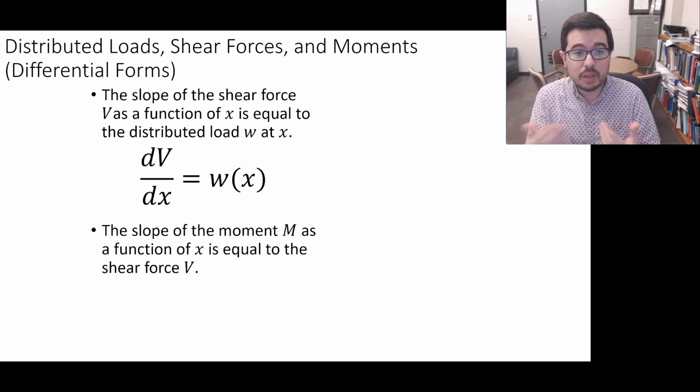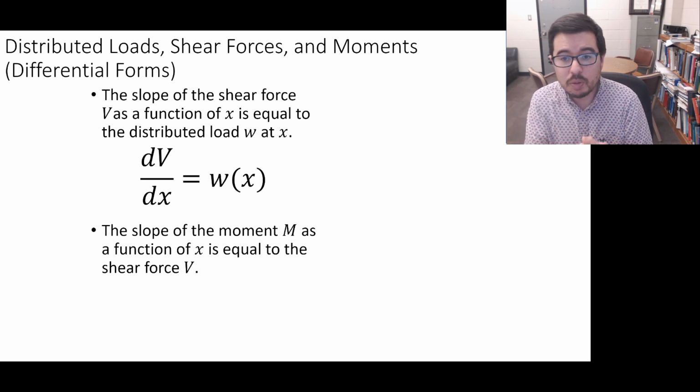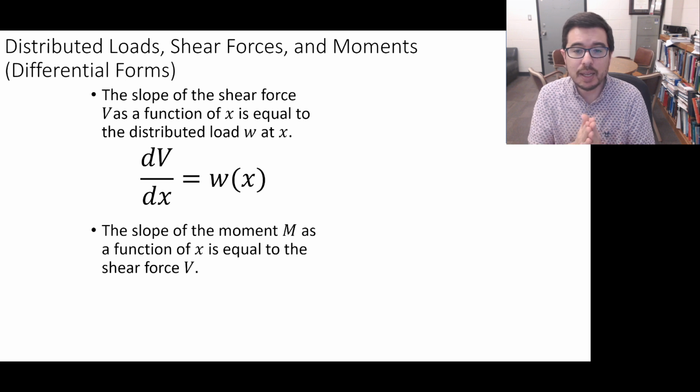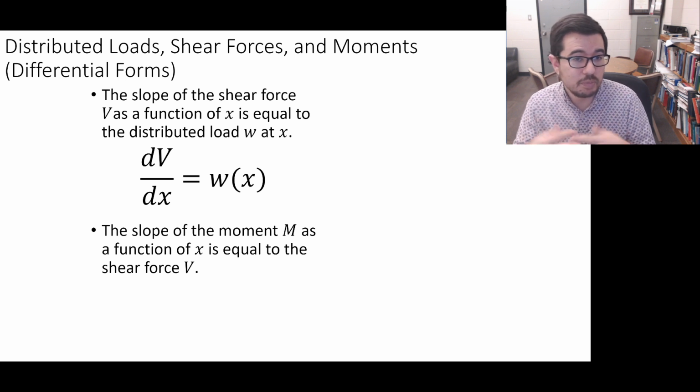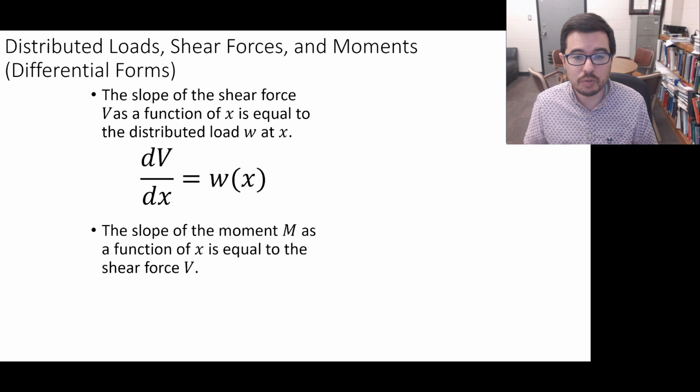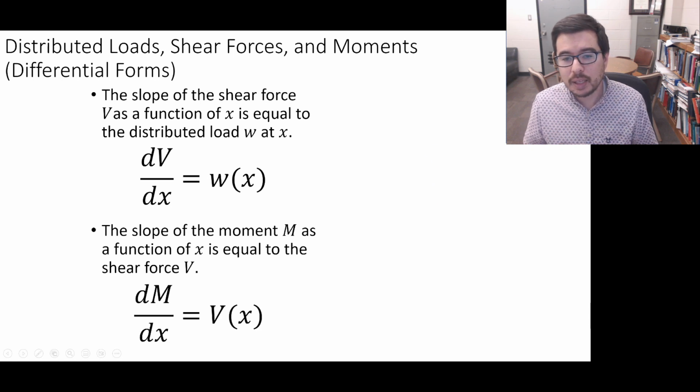Similarly, we have a relationship between the slope of the moment, M, as a function of x, and that being equal to a shear force. So if we were given, for example, a bending moment, we could take the derivative and then calculate the shear force. With the shear force, we can take a derivative of it and calculate the distributed force.